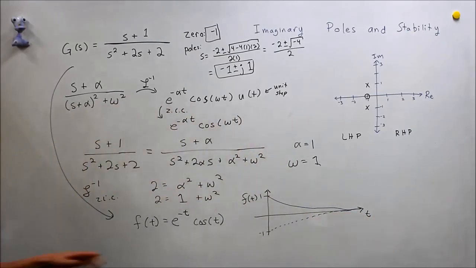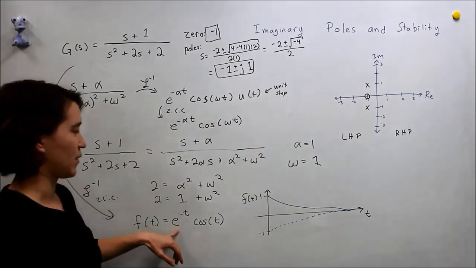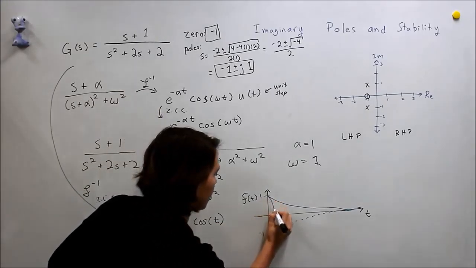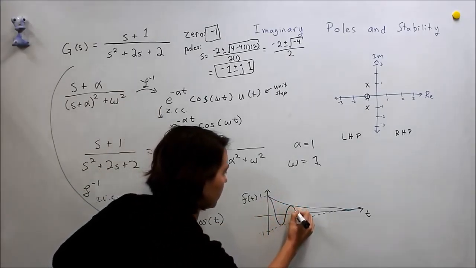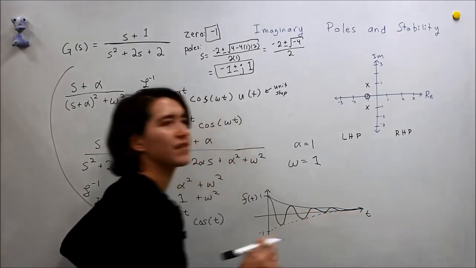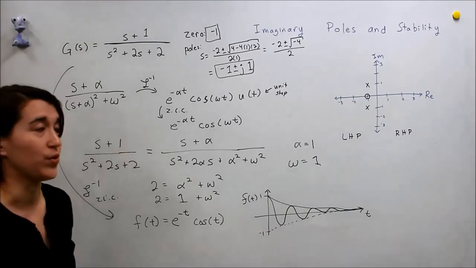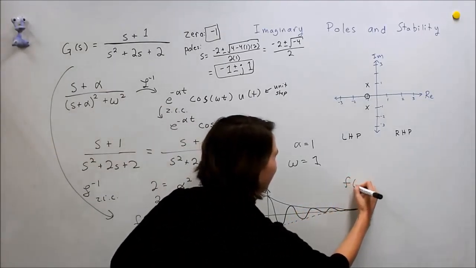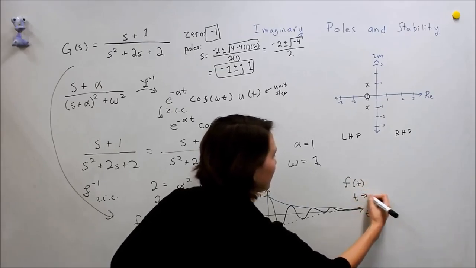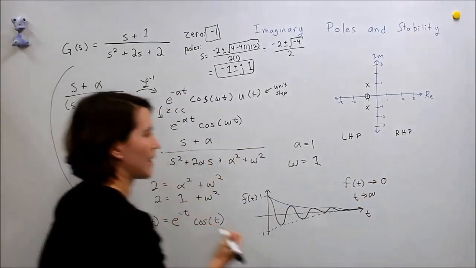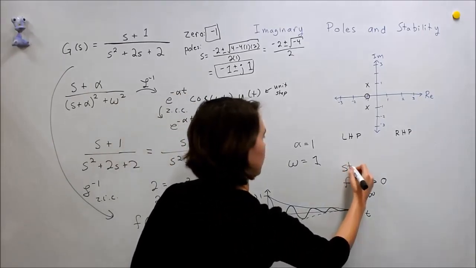What our actual function will look like is that exponent times the cosine. So it'll start up here and it'll oscillate back and forth. But as time goes to infinity, our system will go to 0. As t goes to infinity, our system goes to 0, and we know that that is stable.